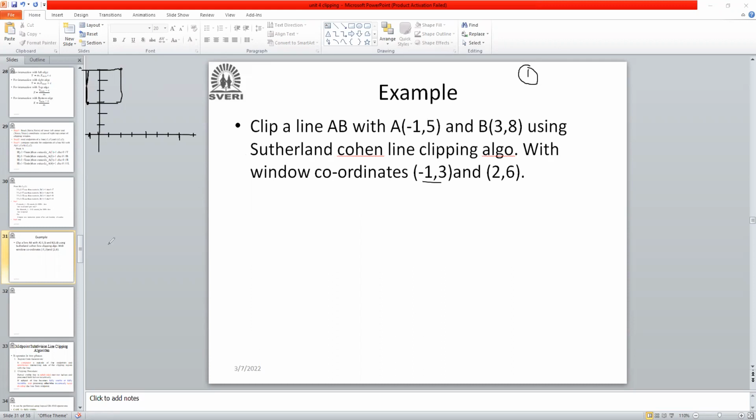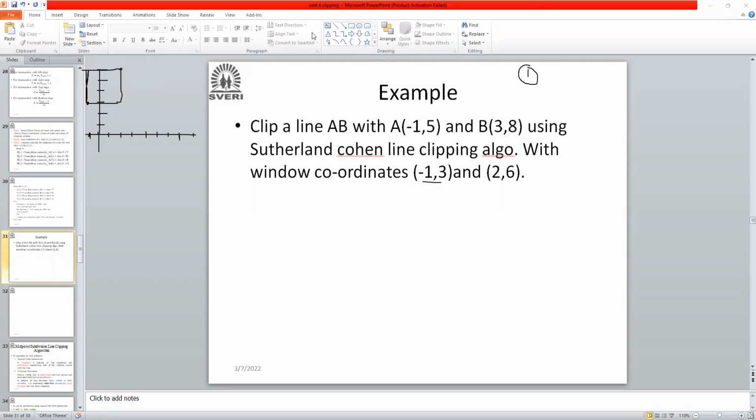Now in step number 2, they told us to read the endpoints of the line. Now we have to read the endpoints of the line and then draw that line. So the line has endpoint -1, 5. So the x value is -1. This is 3, 4, 5.